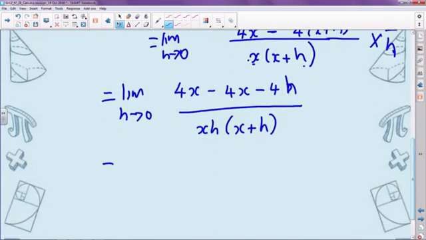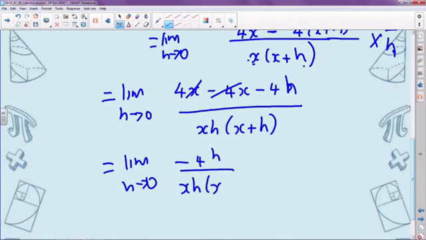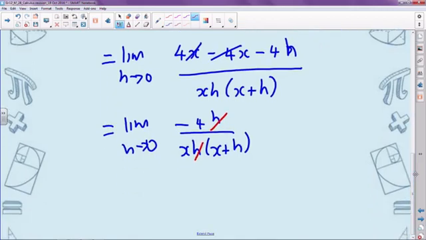And then we simplify. 4x minus 4x, those cancel out. So you're left with minus 4h over xh times x plus h. You can then cancel out your h's. Those are common factors in your denominator and your numerator.